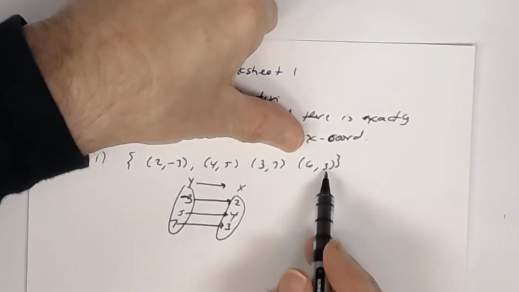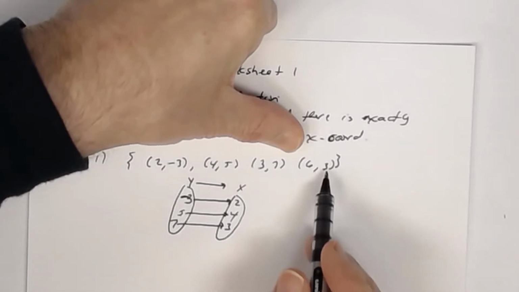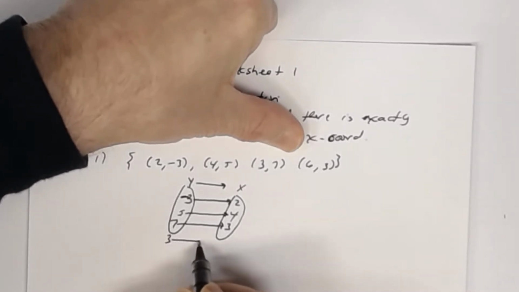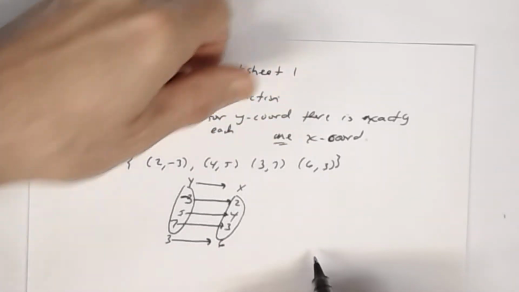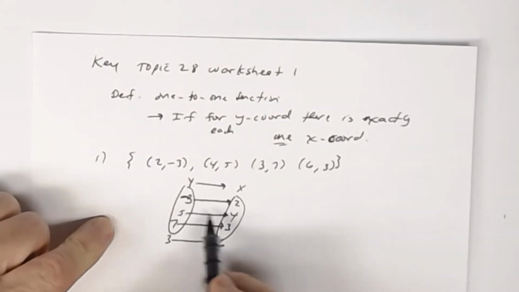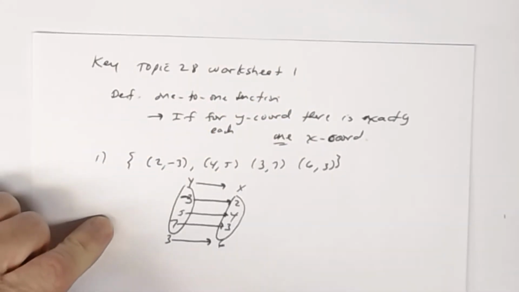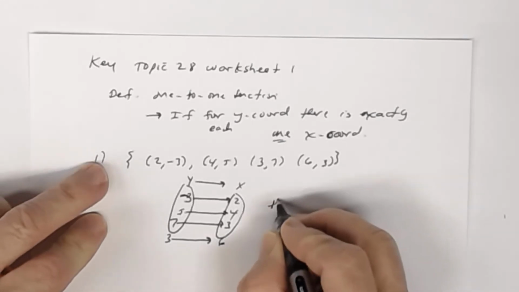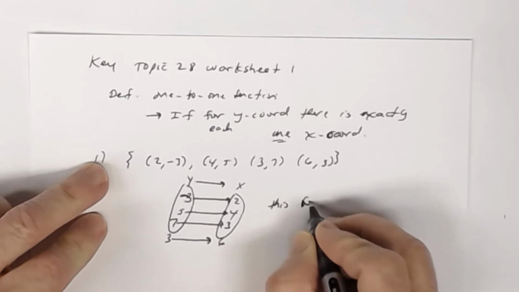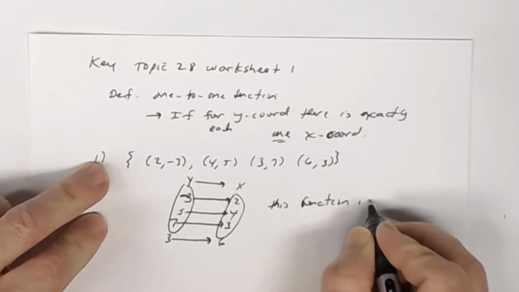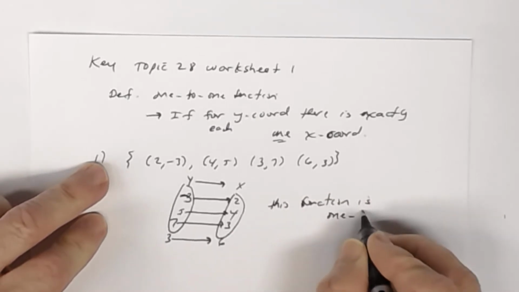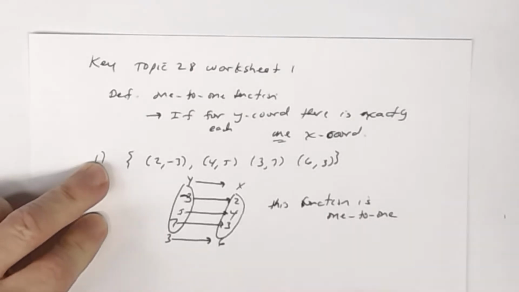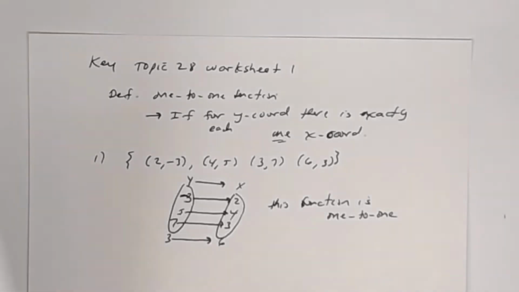And when y is 3, I get the x value 6. So notice that for each y coordinate, there's exactly one x coordinate. So this function is one-to-one. So the answer for number 1 will be yes.